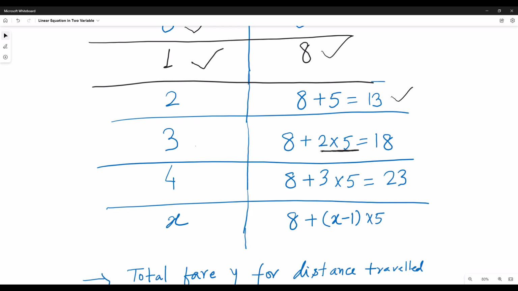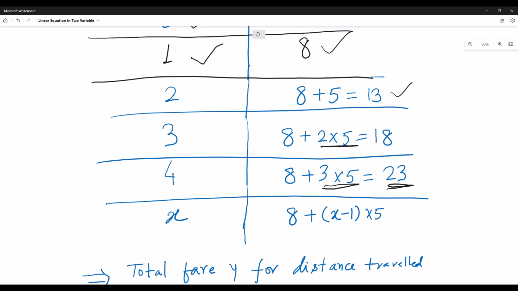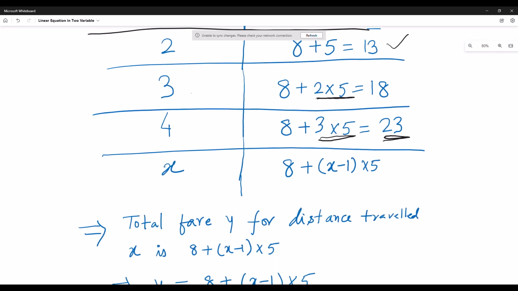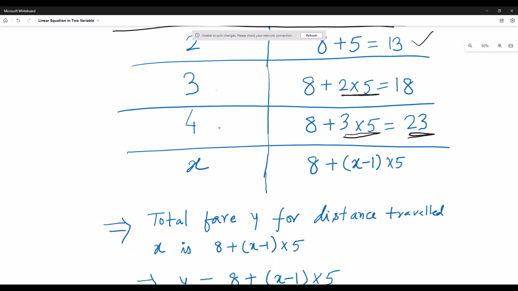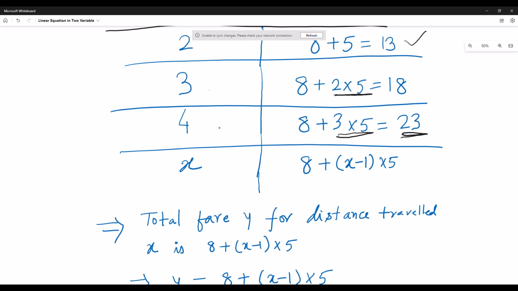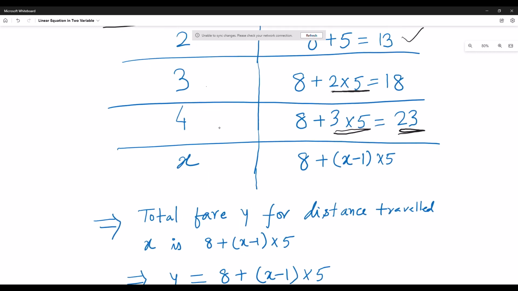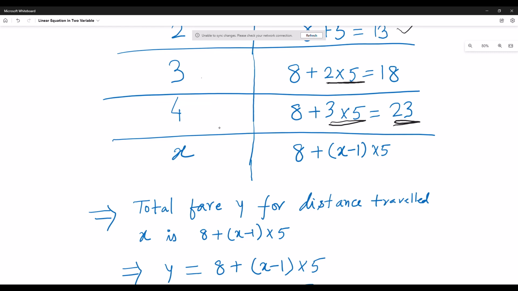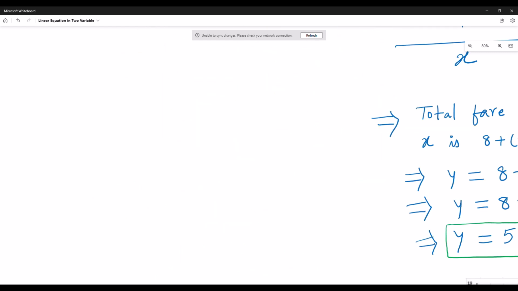Okay. For 4 kilometers it is 8 plus 3 times 5. So for x kilometers it will be 8 plus (x minus 1) into 5, because for the first kilometer you already paid 8 rupees. So more than that, that will be (x minus 1) into 5.